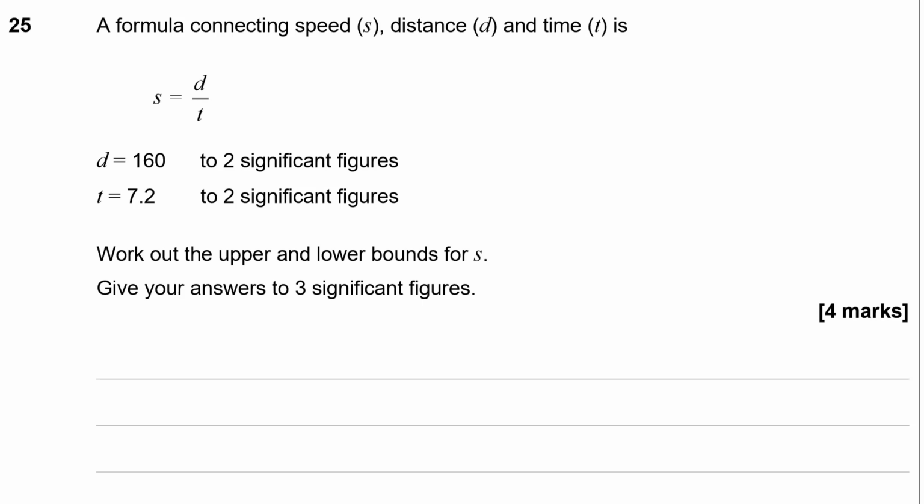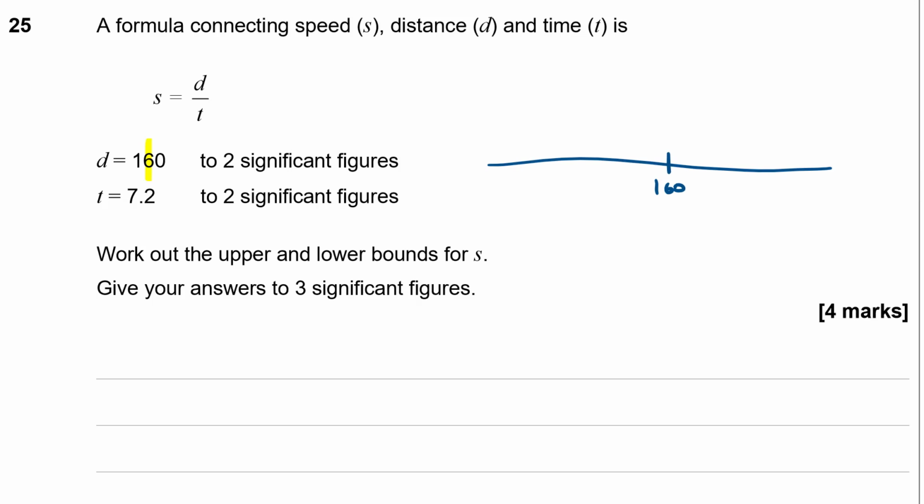Now, the second significant figure of this number is the 6, which means that D has been rounded to the nearest 10. If we imagine a number line and we mark 160 on that number line, then we're rounding to the nearest 10.